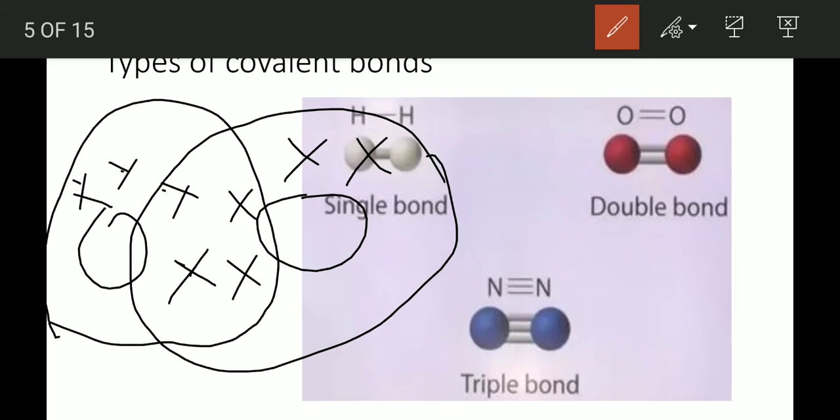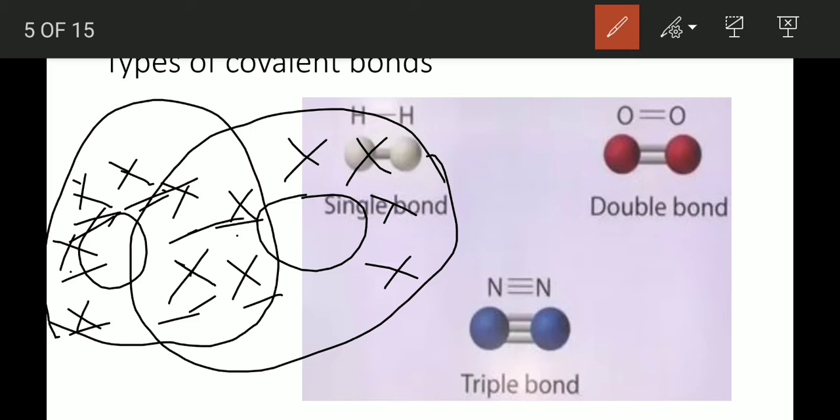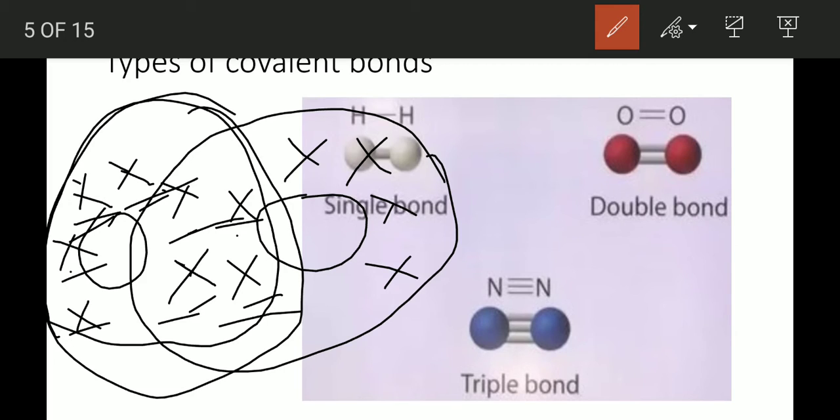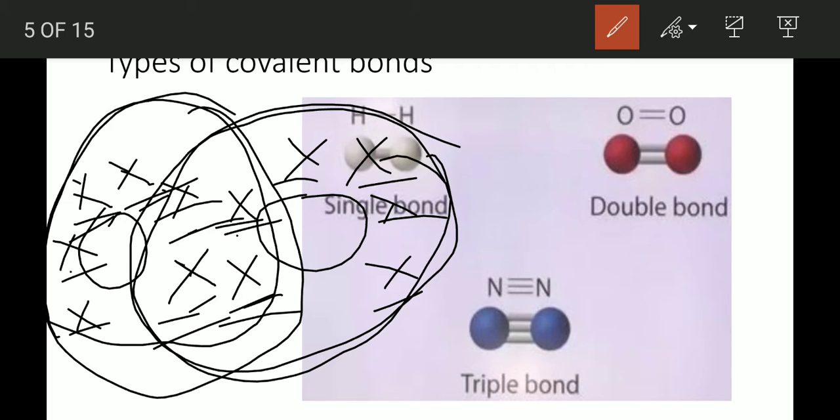See here, 1, 2, 3, 4, 5, 6, 7 and 8. Here this oxygen has become stable, and this oxygen, 1, 2, 3, 4, 5, 6, 7, 8, also has become stable.